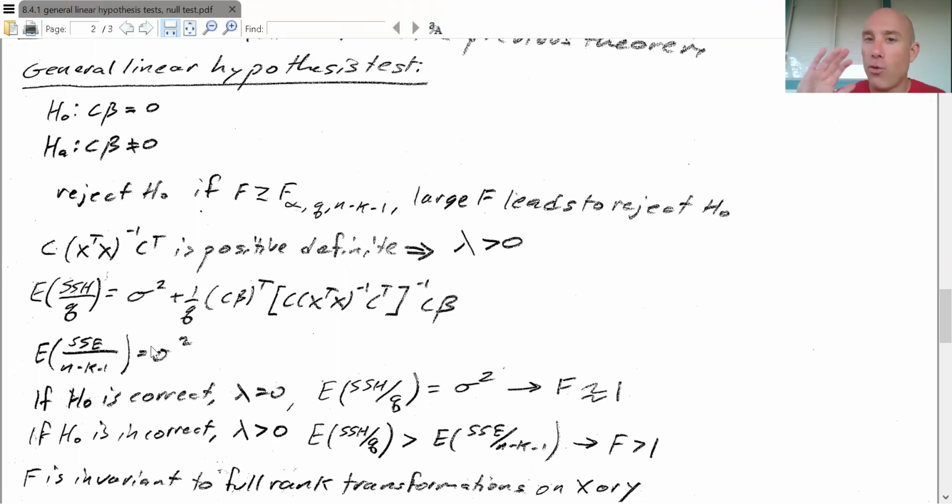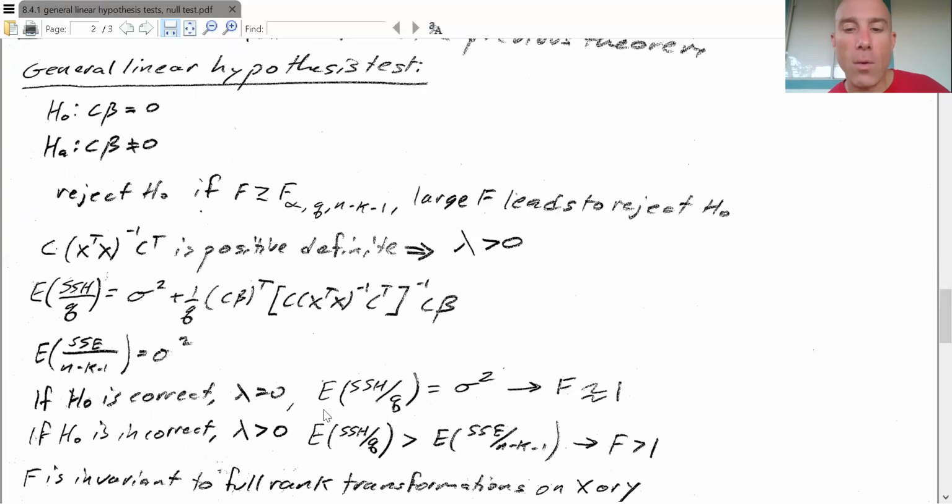That's not exactly true because here I've already taken the expected values, but conceptually, the ratio we're getting from the fraction on top of the fraction has to be greater than or equal to 1. The only time it can be 1 is if this part is equal to 0, which might happen with beta equal to 0, stuff like that.